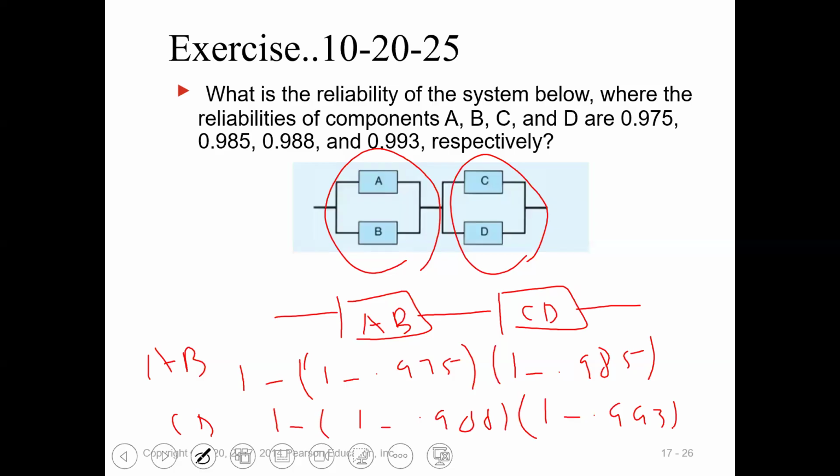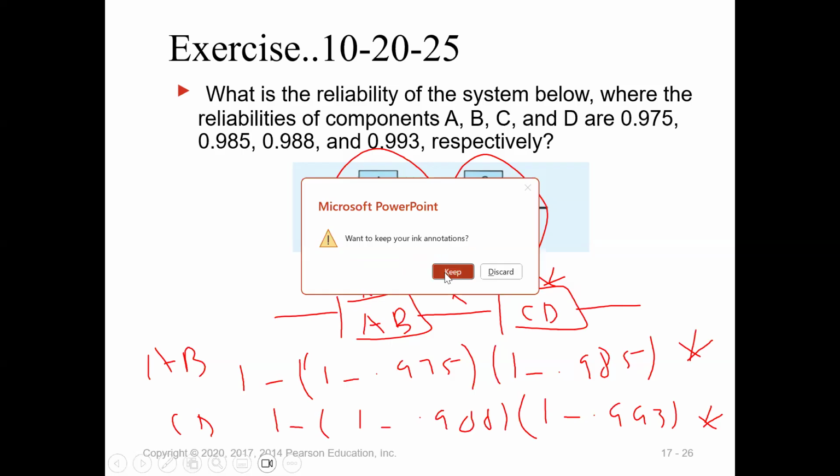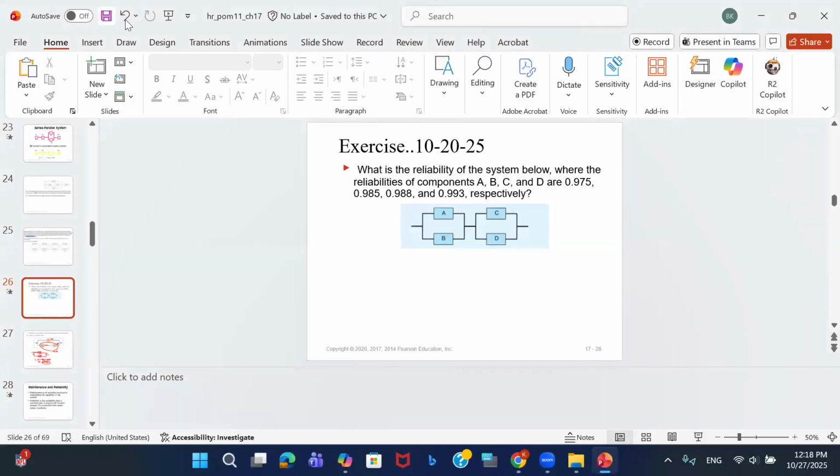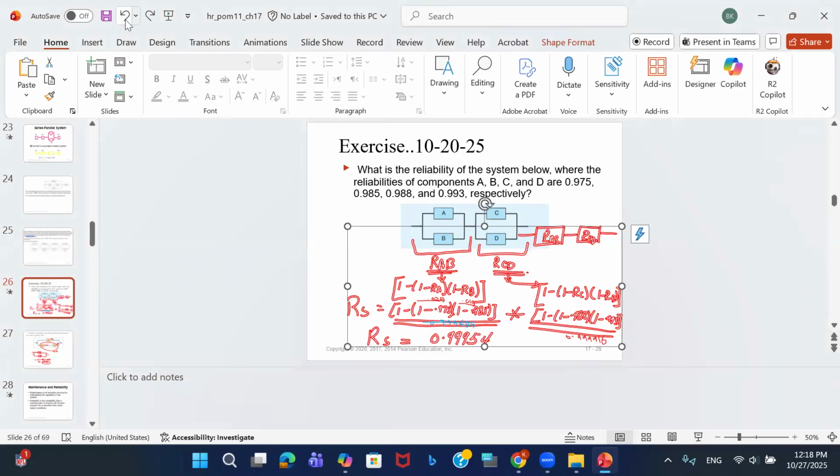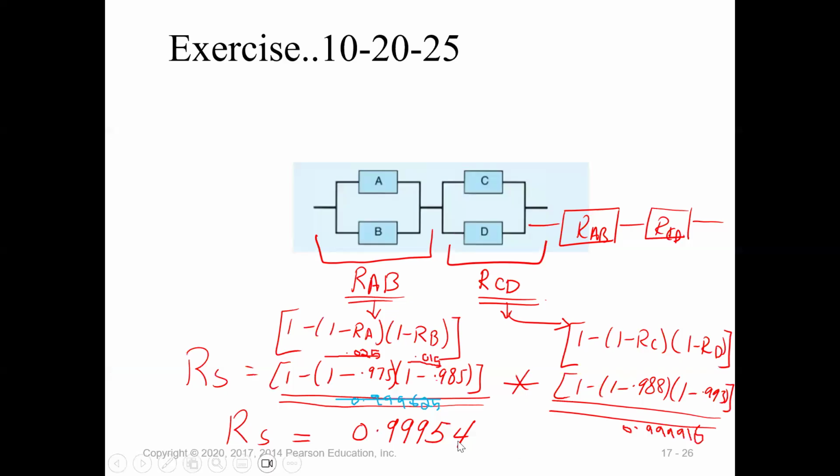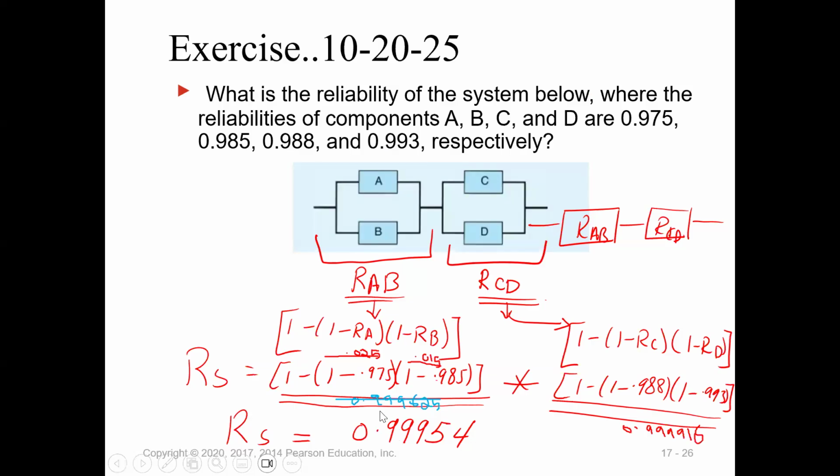The number I get from this I put here, and the number I get from this one I put here, and then I multiply both. So at the end, what I got from here is 0.999825, and from here, multiply these, and you will get 0.3954. The system reliability. Okay.